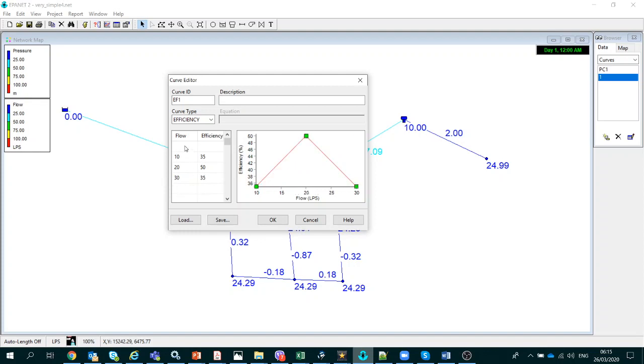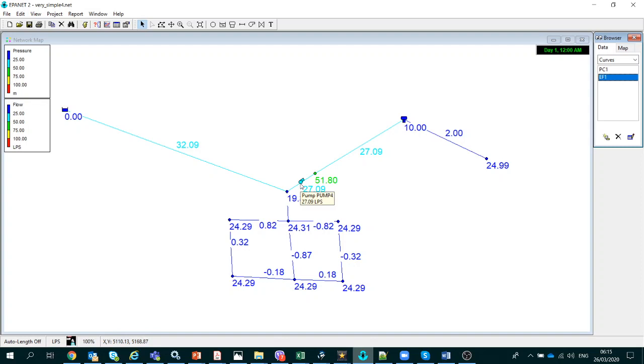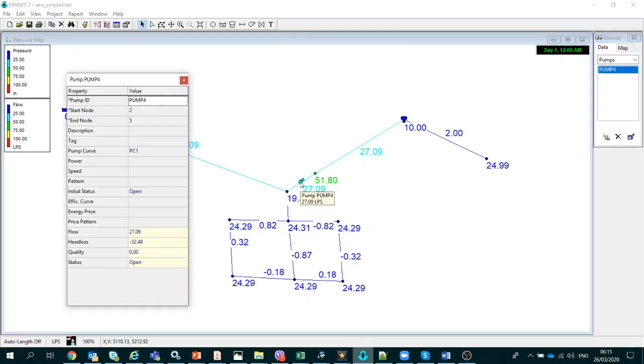When it is 2, let's say it's 15%. When it is 40, let's say it's also 15%. So now we have an efficiency curve for the pump. Now we can go back to our pump and assign this efficiency curve here, EF1.